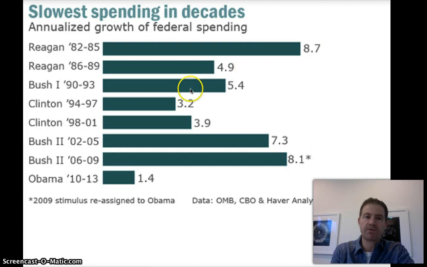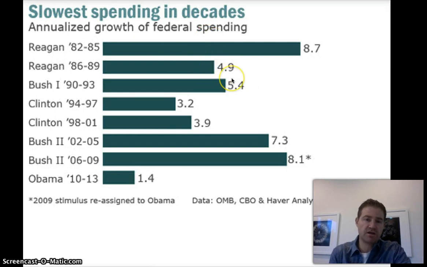So during Reagan in the early 80s, had the largest growth in federal spending, most of that on defense. And we were in the middle of the Cold War, or at the end of the Cold War against the Soviets. You can see Reagan then brought down spending in his last 4 years.